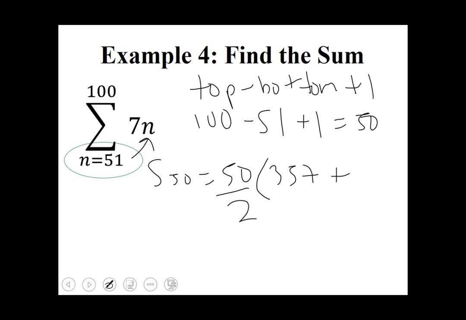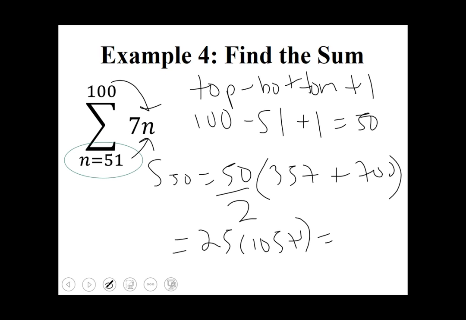Then you're going to add in the top number, which is going to be 700. That is going to give you 25 times 1057. And as you should, you get the same exact answer as you did in the previous slide, 26,425.